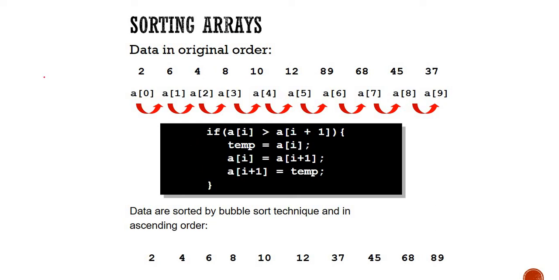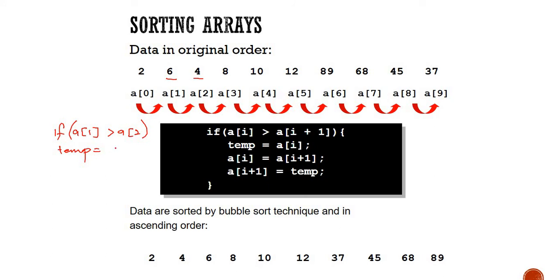So here, we go through these codes. If A1 is greater than A2, here 6 and 4, if A1 is greater than A2, temp, we need to use this variable temp, equal to A1.